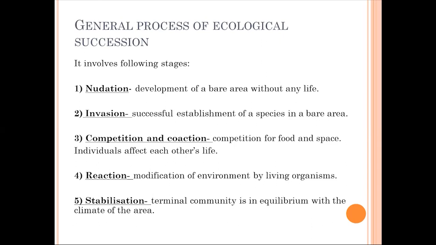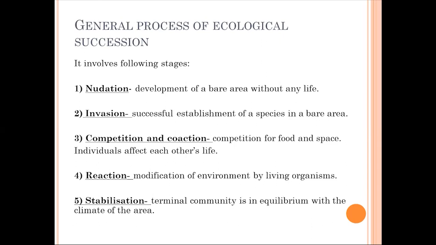Then the second stage is invasion. Invasion means successful establishment of a species in a bare area. So when a barren land is developed, there will be the seeds of the plants and the spores. They will migrate via water or air and reach this new area. They will try to establish themselves and adjust to the prevailing environmental conditions.